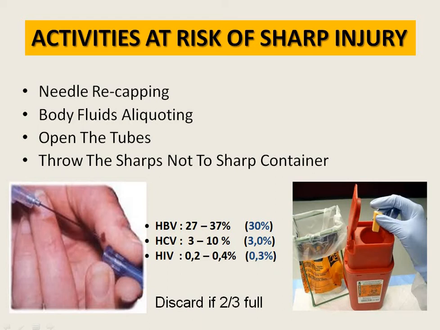And if you must, use just one hand, and it will not injure the person. Secondly, body fluids aliquoting: if we have to divide a sample, we should handle only a small amount. Then open the tubes properly and throw the sharps into the sharps container.